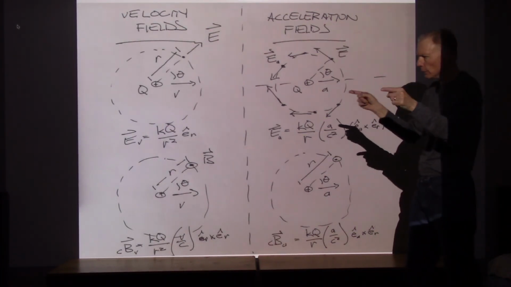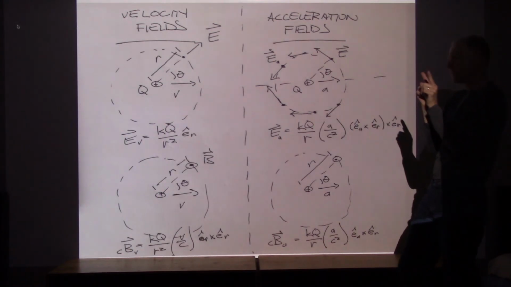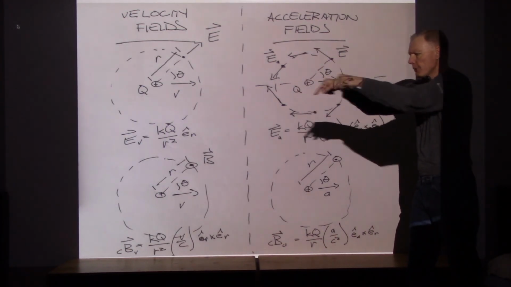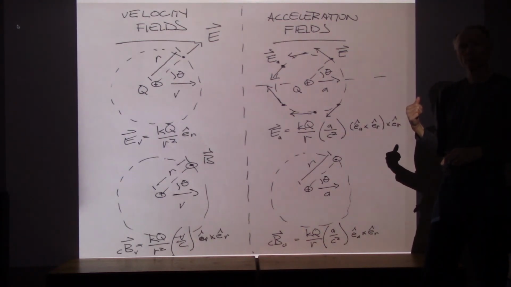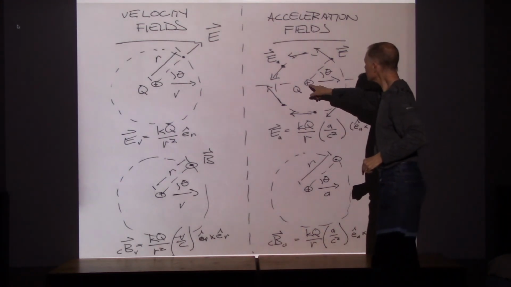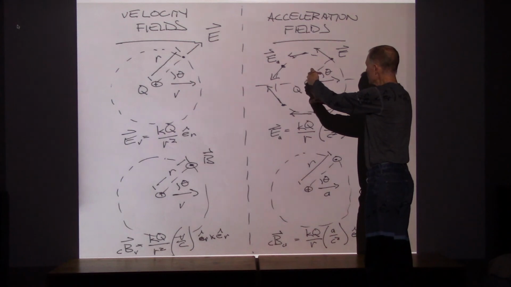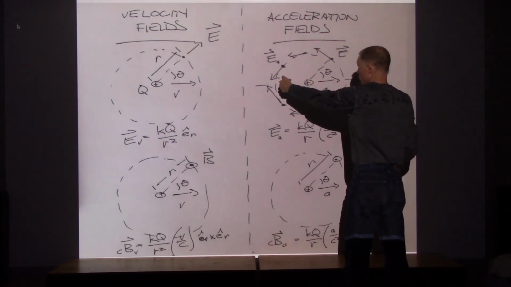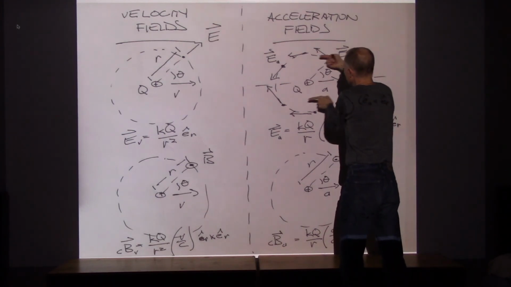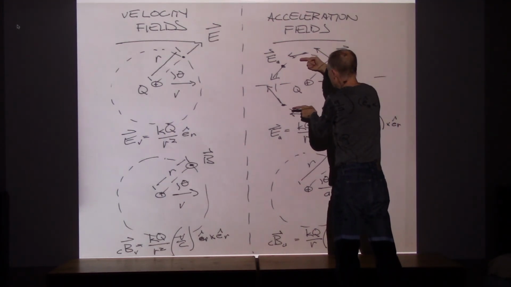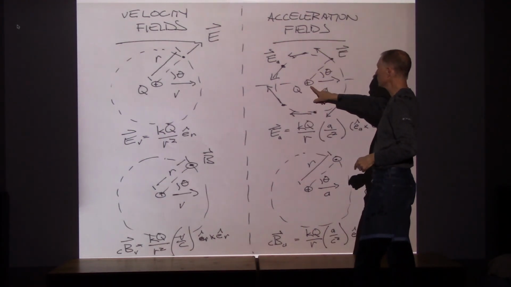Lines of longitude. So these E field lines wrap around the direction of acceleration. Relative to where the charge is, the general effect is that I get E fields opposite the direction of the acceleration.